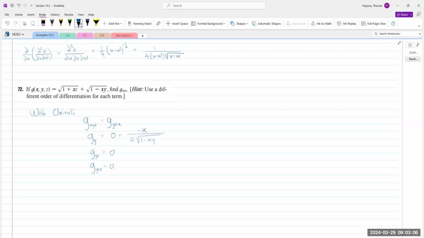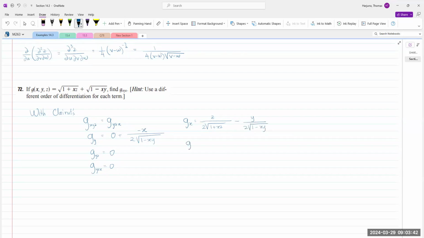Now let's see if we do it in the standard way. The partial with respect to x will give us z over square root of 1 plus xz times 2, and then minus y over 2 square root of 1 minus xy.